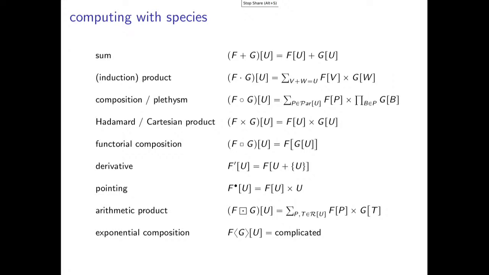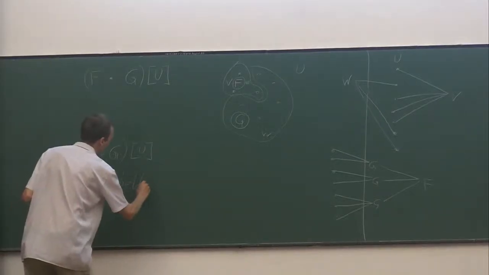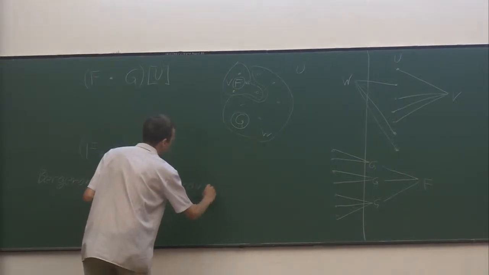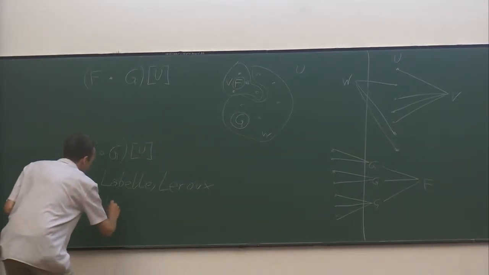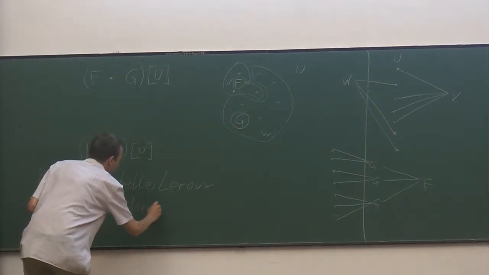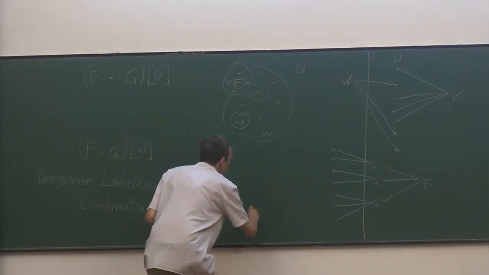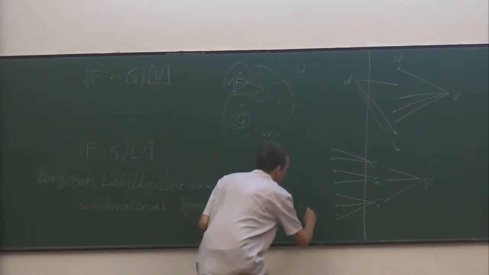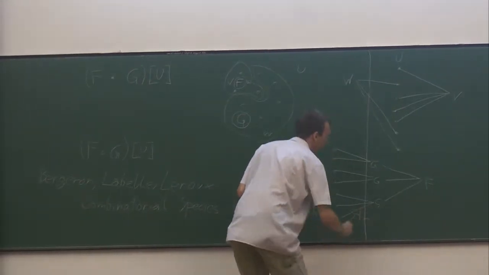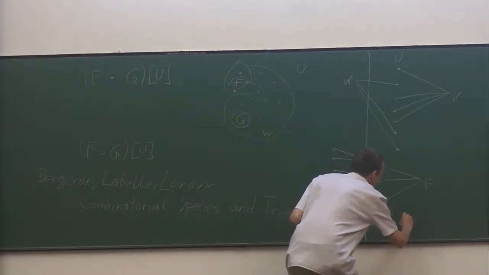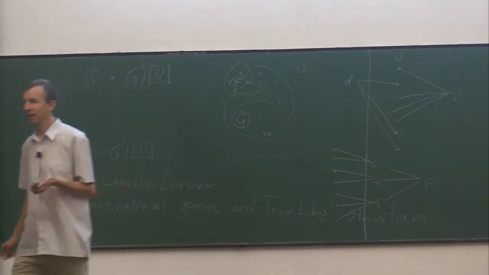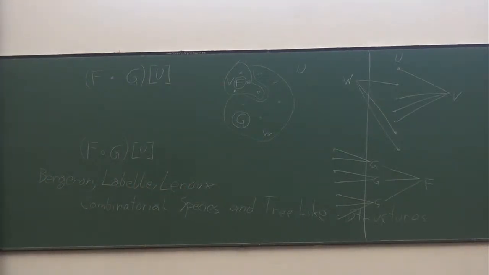So these pictures are, I should have said, there is a very nice book by Bergeron, Labelle and Leroux, Combinatorial Species and Tree-like Structures, where you find zillions of examples and pictures. Okay.